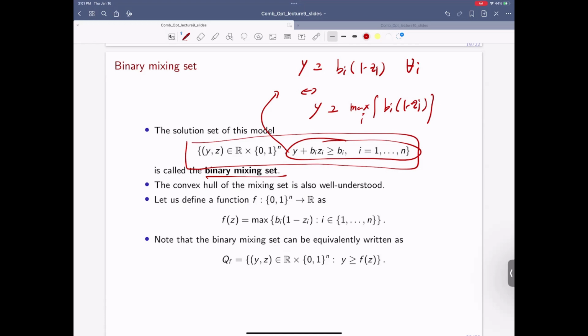Now I define the right-hand side as a function of the binary variable z. Then this binary mixing set is equivalent to the epigraph of some function f.